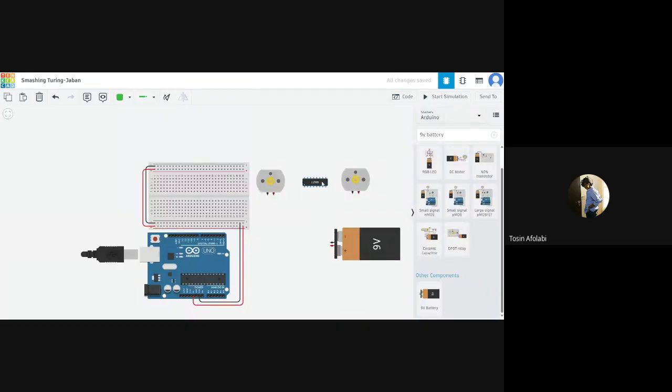Our driver to our Arduino. What we want to do is connect the ENA to pin 5. Okay, this ENA will be pin 5.